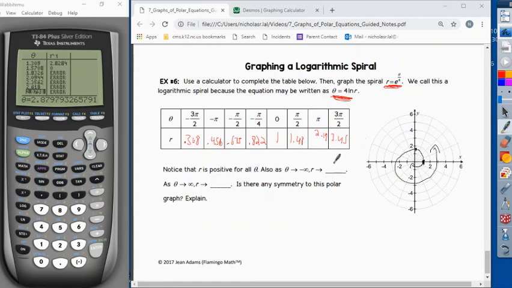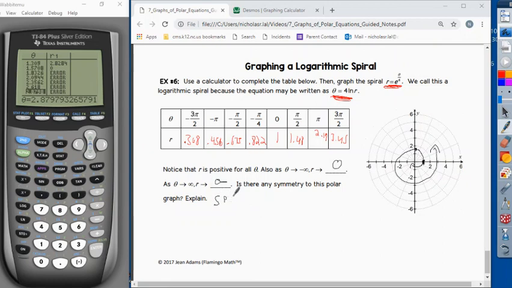Notice r is possible for all theta, so as theta approaches negative infinity, r will approach 0, and as theta approaches infinity, r is going to approach infinity. Is there any symmetry? As far as symmetry, the spiral moves infinitely.